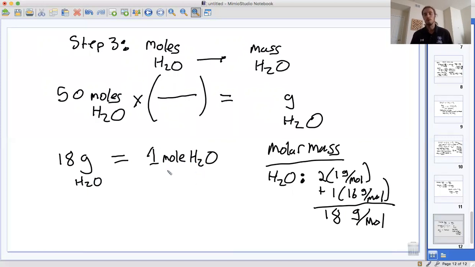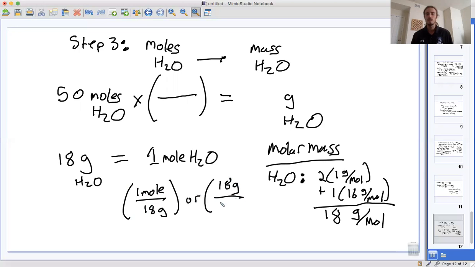But we don't have 1 mole. Instead, we've got 50 moles, right? So we're going to write a conversion factor. We can write 1 mole is 18 grams, or we can write 18 grams is 1 mole. So it's just a matter of deciding which one of these goes here, right? Well, we want to end up with grams. We want to get rid of moles, right?